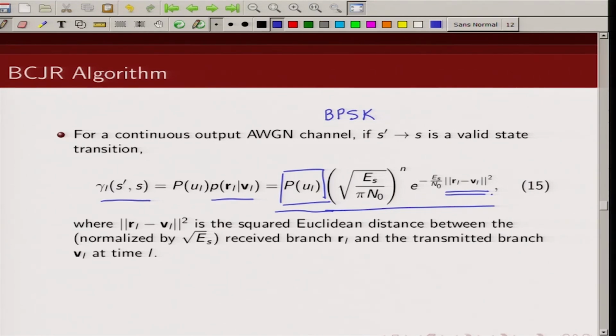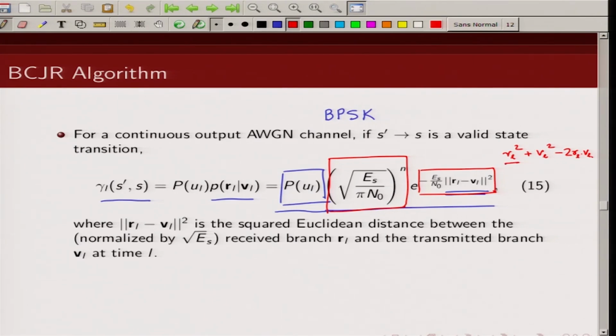Let us expand this term and see if we can simplify it. This term will be common for all the terms, and depends only on the signal to noise ratio. If you look at this particular term, there is an R L square term, a V L square term, and then a minus 2 R L V L term.